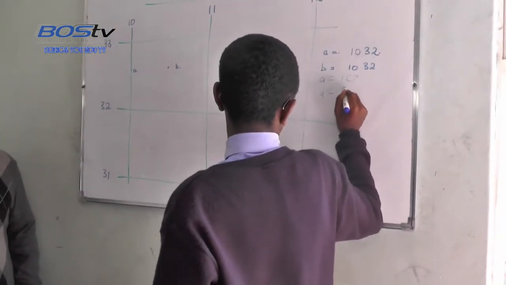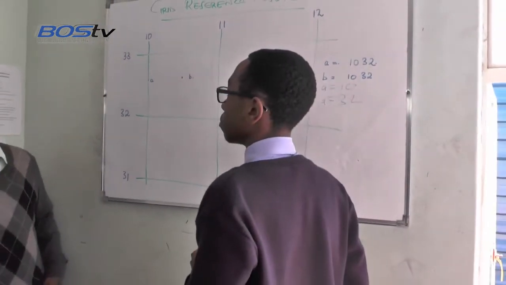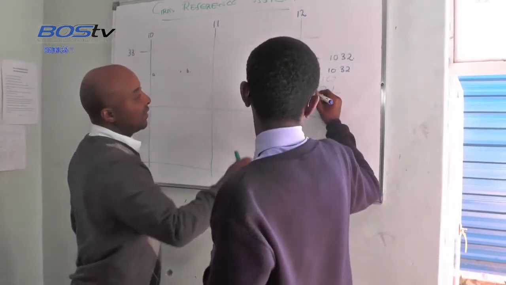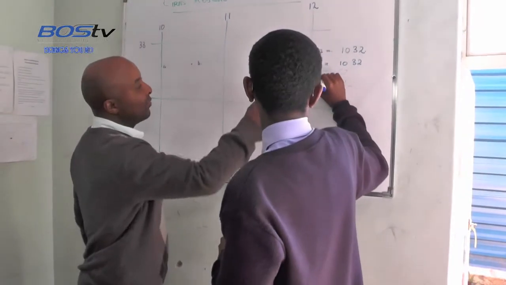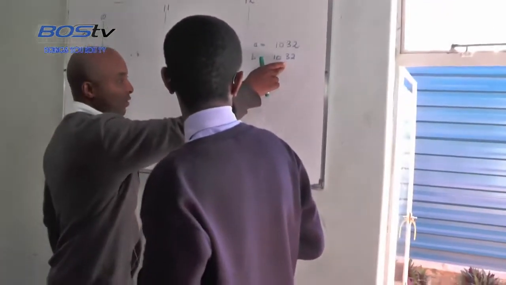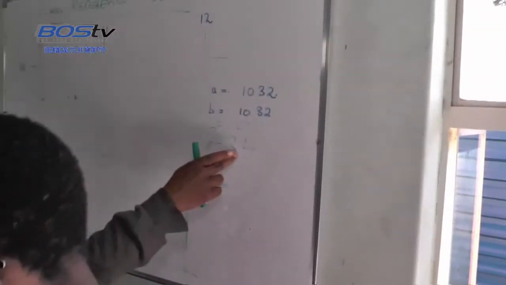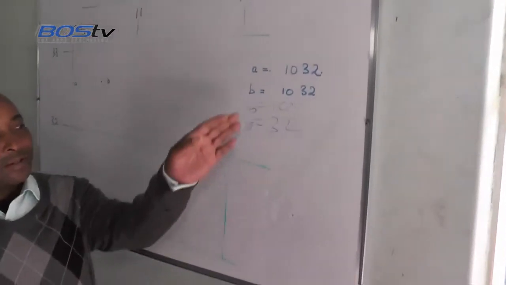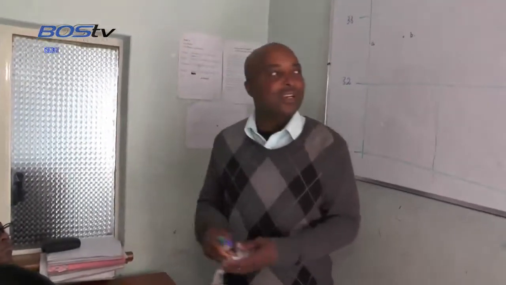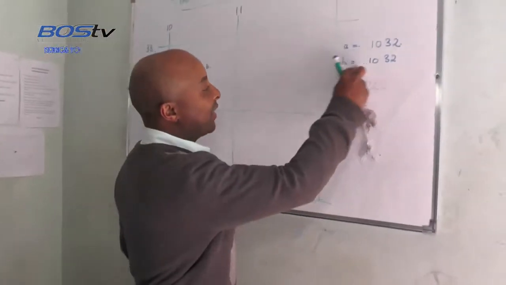Perhaps you can just write it because we have already written A, so our point is now B. So that's the easting and the northing, isn't it? You may need to be very careful. Next time you just write it like we did there.